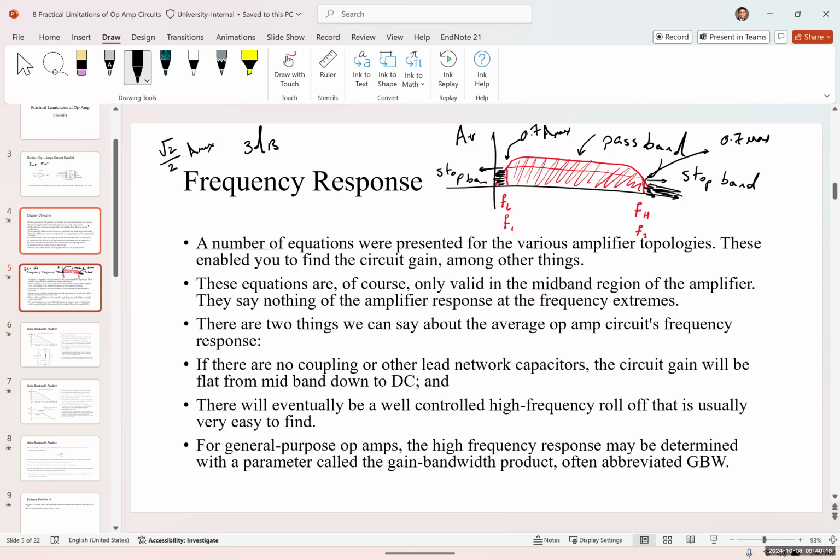The way that we actually find the cutoff frequency in a lab is we give the op-amp a standard input voltage, like 1 volt, for example. We already know that the gain is 20. For example, it's an inverting amplifier, R2 is 20, R1 is 1, so the gain is -20.